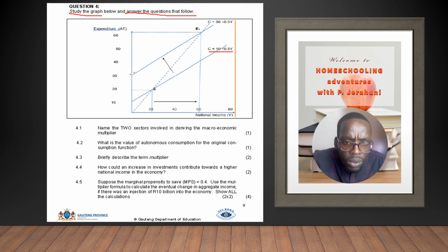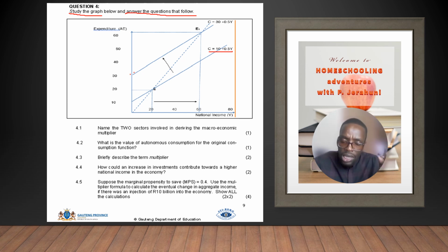So let's go to the questions. Name the two sectors involved in deriving the macroeconomic multiplier. You remember that the two sectors involved in deriving our macroeconomic multiplier are firms, or what we call businesses, and households.